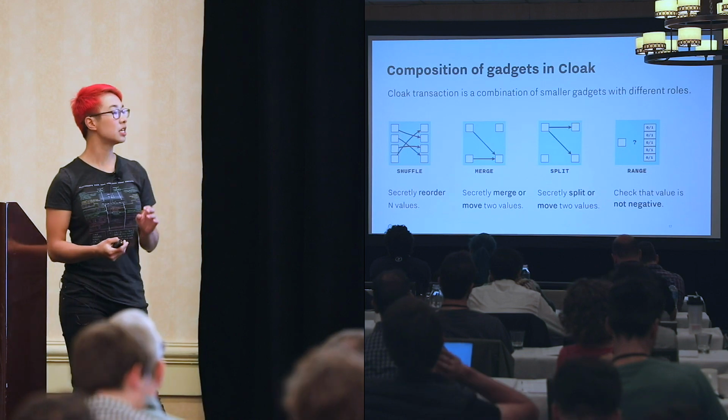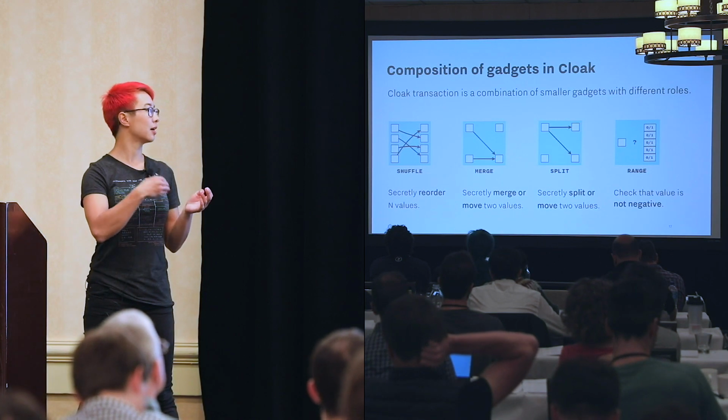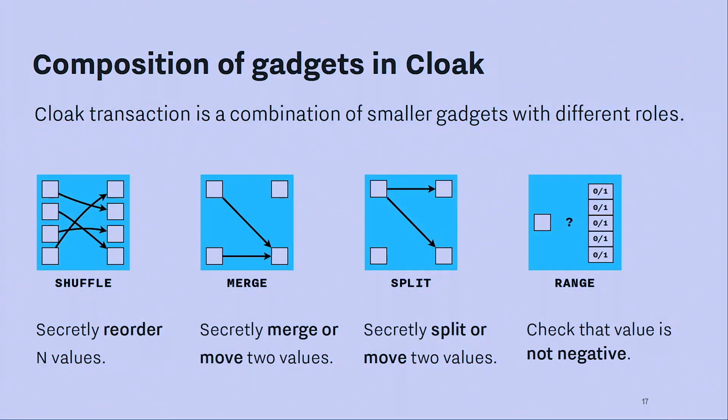Also a merge, which proves that either the outputs are a merged form of the inputs, or that they were just moved without modification, and a split, which is the opposite of a merge, and then a range proof, which proves that a value is in a range, and so effectively you can think about that as a proof that a value is not negative.